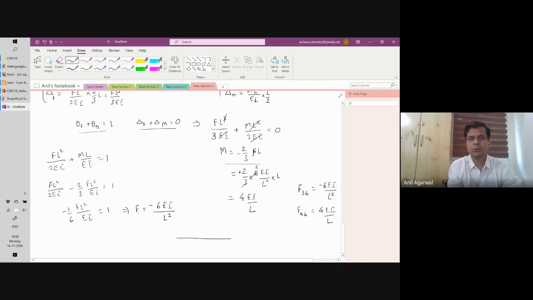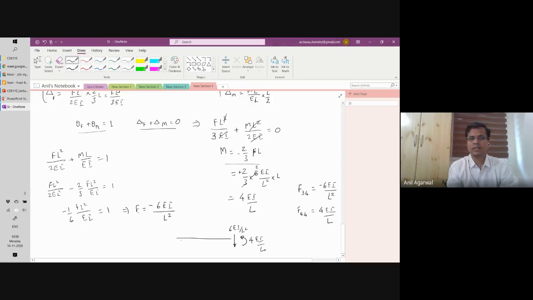Now I need to solve for the other two unknown forces. I got, it's downward force actually, 6ei by L square, and I got counterclockwise moment of 4ei by L. I need to find the forces here.